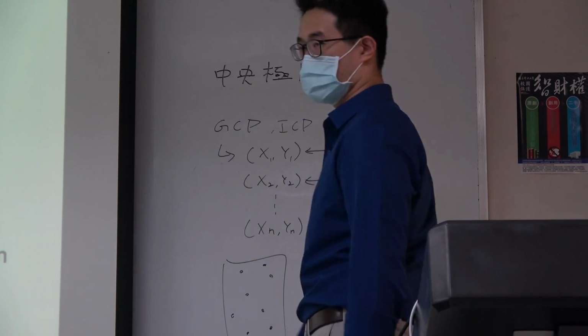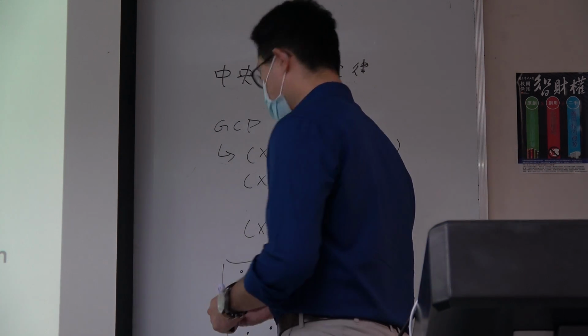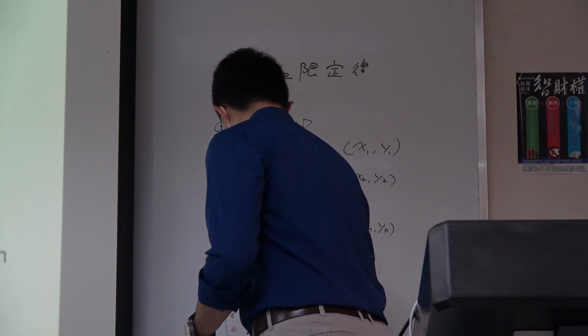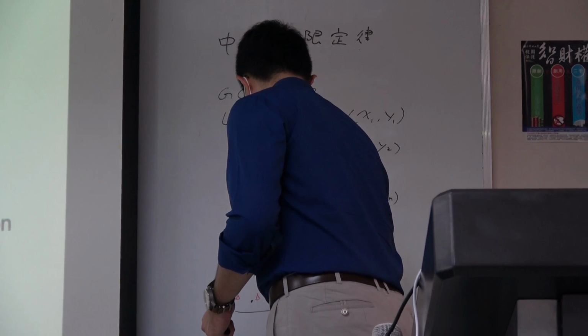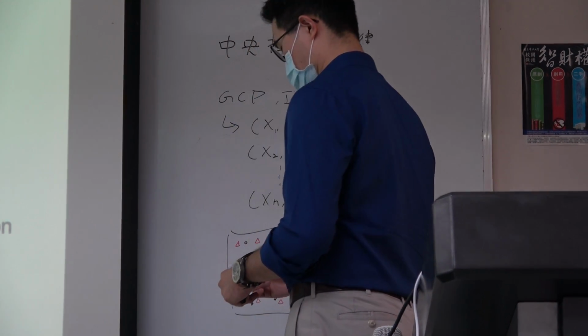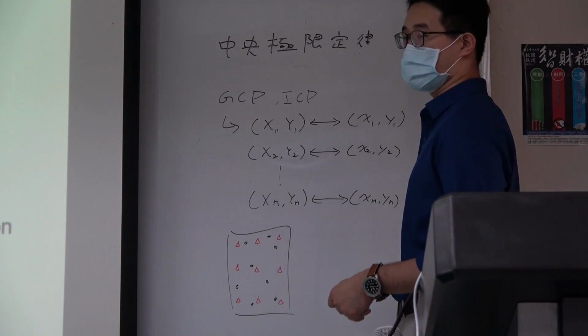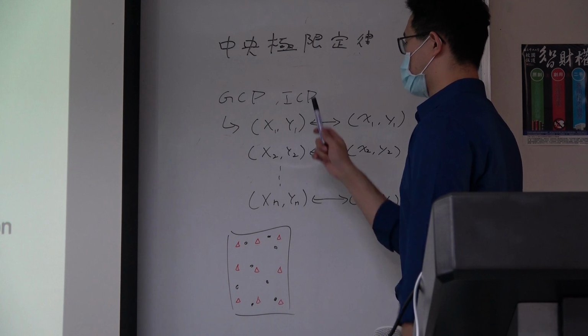They are your ICPs. And usually, we use a rectangle to represent GCPs, and a circle or cross to represent ICPs.